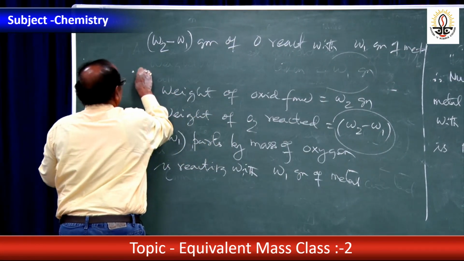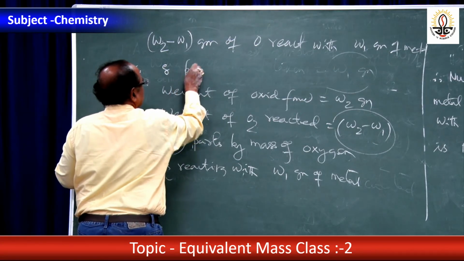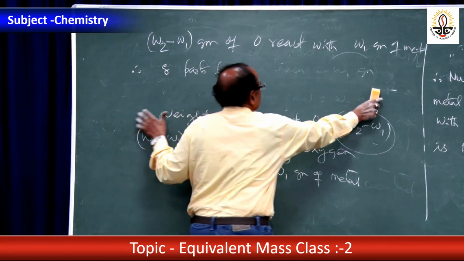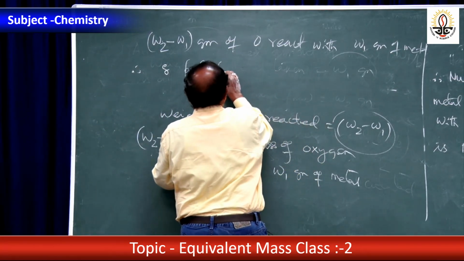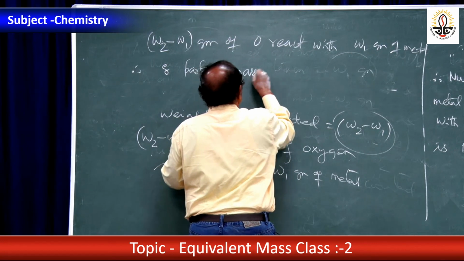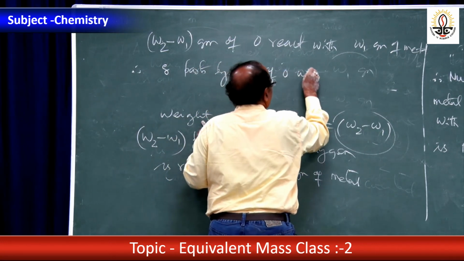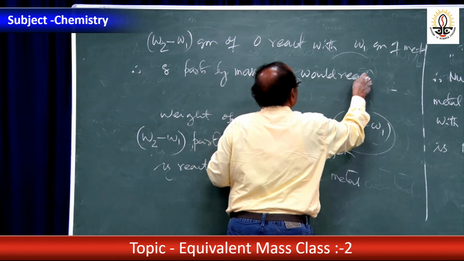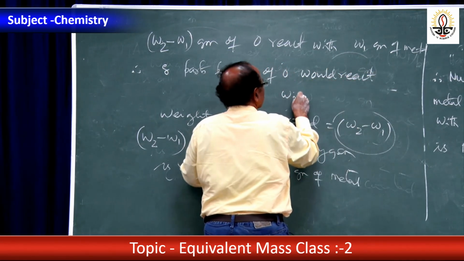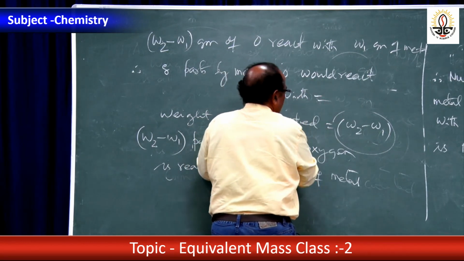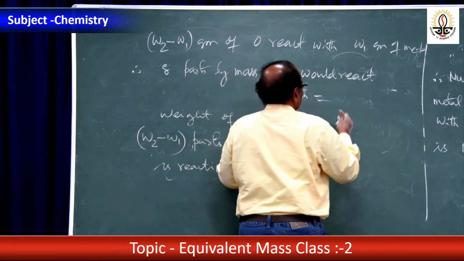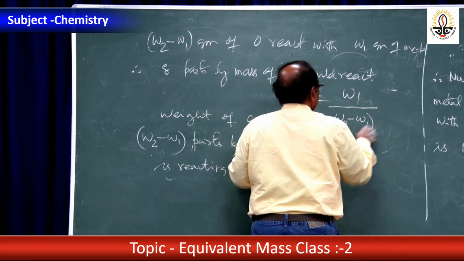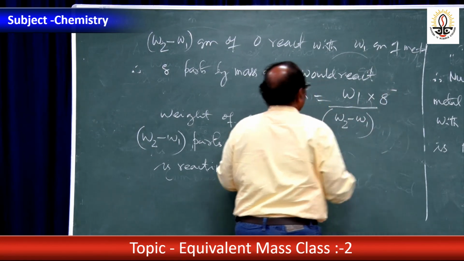Therefore, 8 parts by mass of oxygen would react with how much? It will be equal to W1 by W2 minus W1, into 8. That is the equivalent mass.